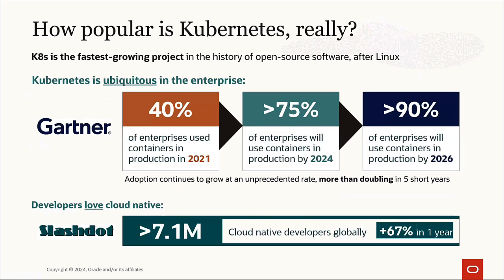Kubernetes has been around for quite some time. As of this year, we're expecting about 75% of enterprises will be using some sort of containerized workload. And within the next couple of years, most organizations will likely have some sort of containerized workload in their environment.